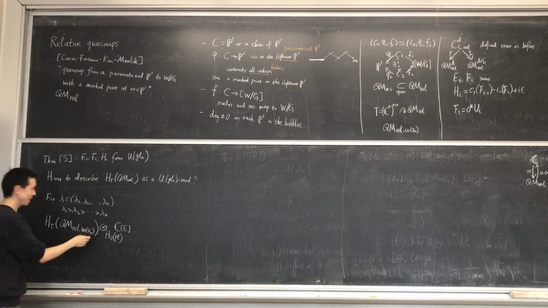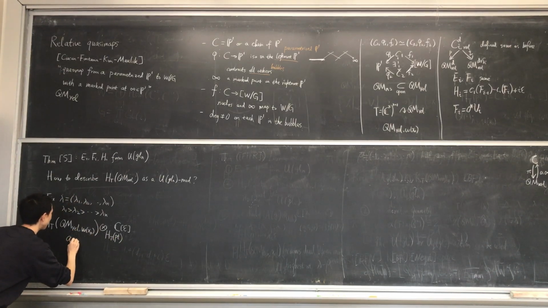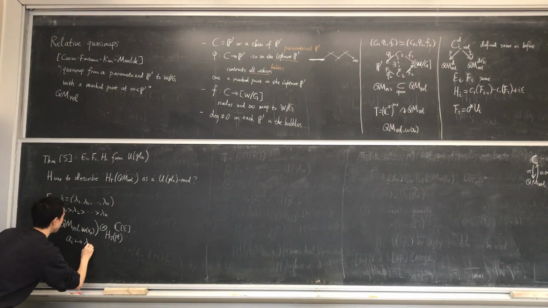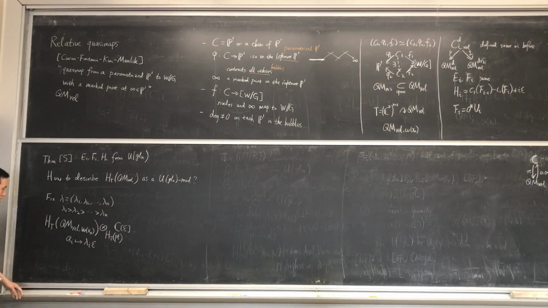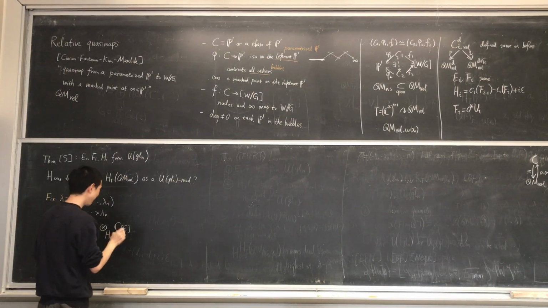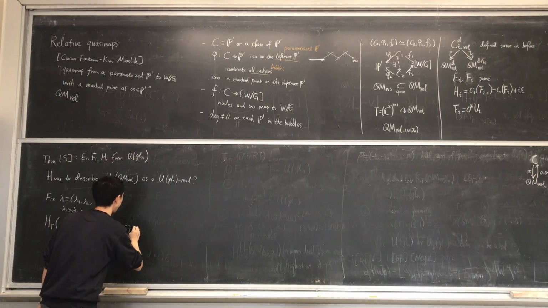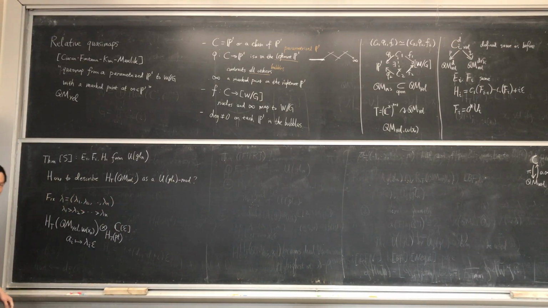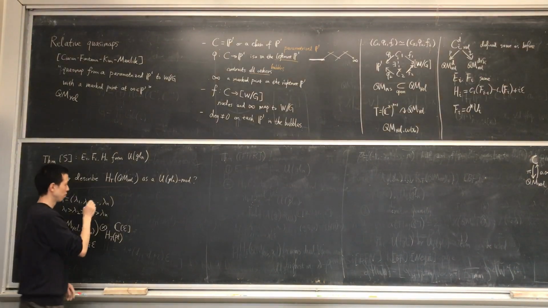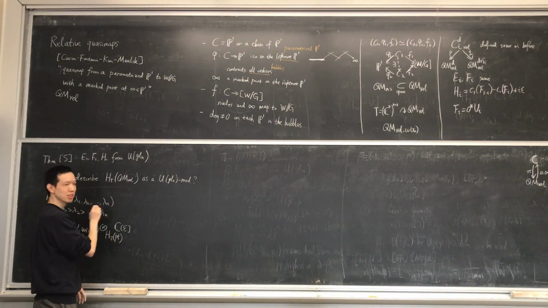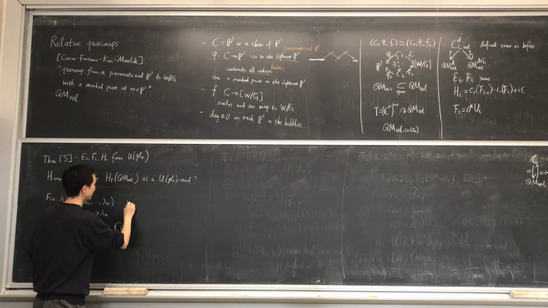The specialization is by ai goes to lambda i times epsilon. Lambda i can be any real number. In principle it could be anything, but the interesting case is when the lambda i are integers.